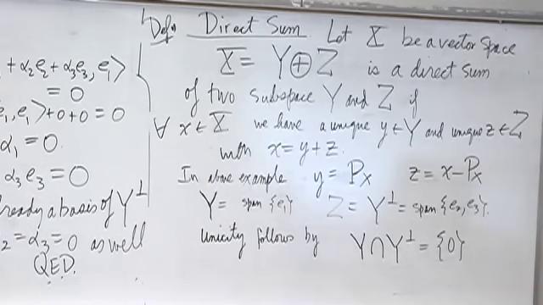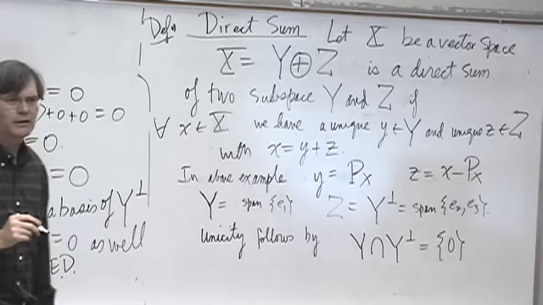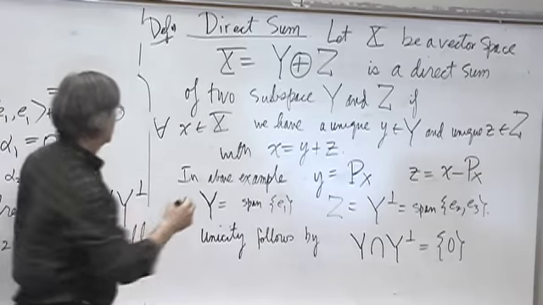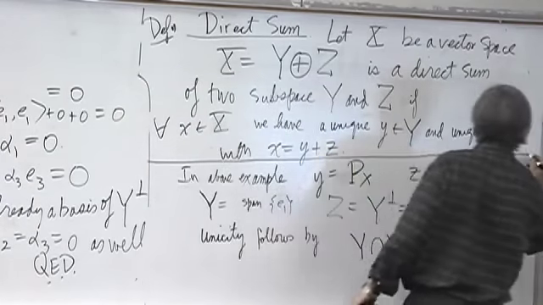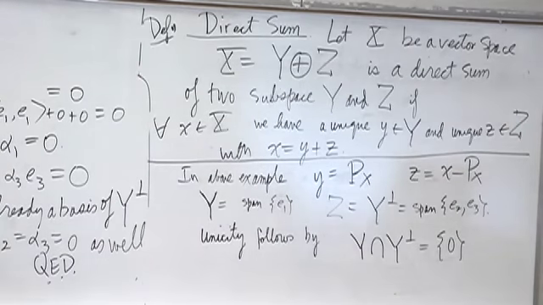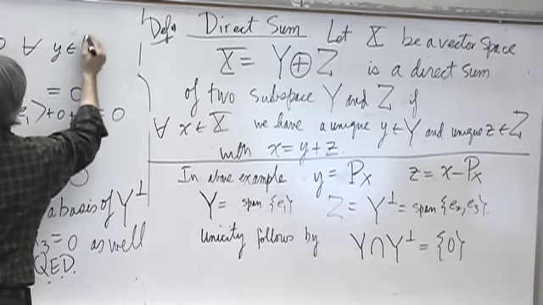If M is any subset of vectors in an inner product space X (I defined direct sum for a general vector space, but in our application we have an inner product space), define M perp, or the orthogonal complement, as the set of all vectors Z in X with Z inner product Y equal to 0 for all Y in M. That's the general definition.